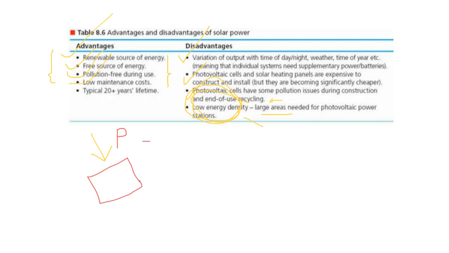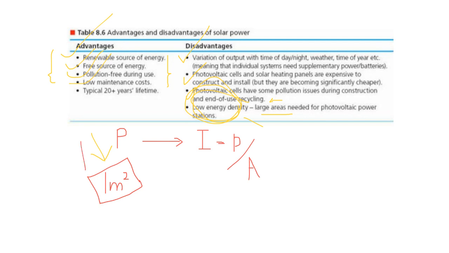You should know that this is actually called intensity. Intensity is the amount of power per square meter, so it's power divided by area.